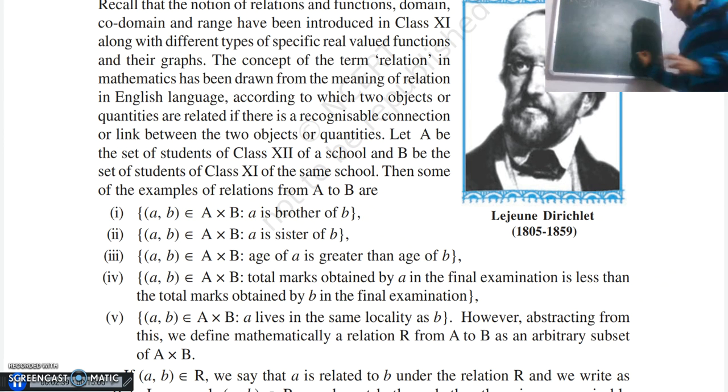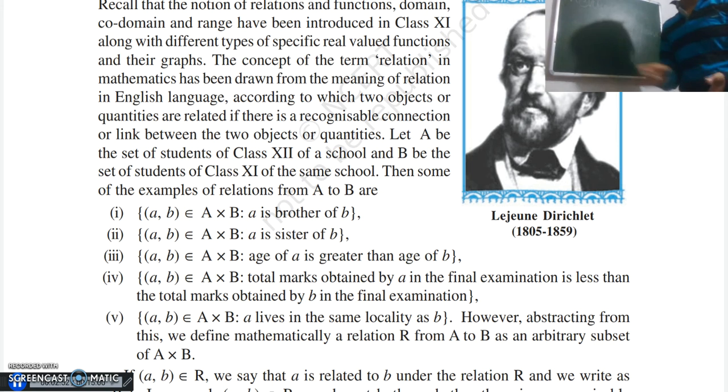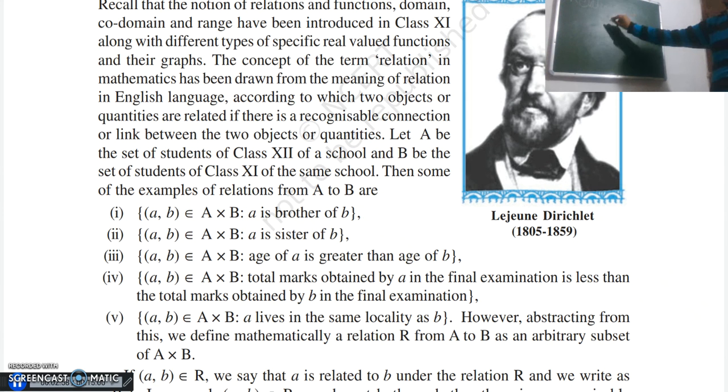So every student here, all these 40 students, have a relation with the first teacher, the second teacher, the third, the fourth, the fifth, and the sixth. This was a simple definition that we are making.